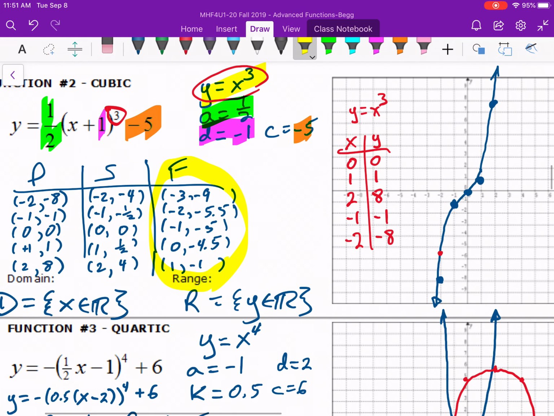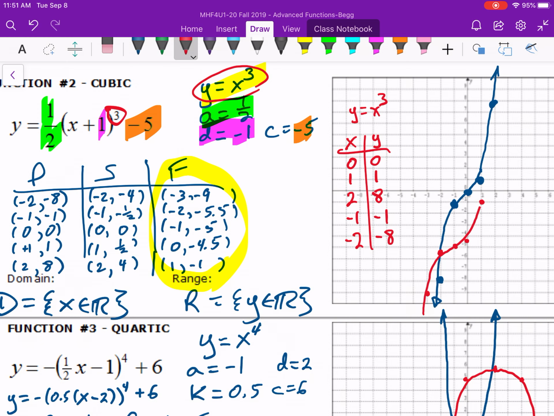So then I plot them: negative 3, negative 9. Negative 2, negative 5.5. That was one point I wasn't able to delete before. Negative 1, negative 5. 0, negative 4.5, and 1, negative 1. The shape will remain the same. So that swoop that was in my original blue one is still going to be here.